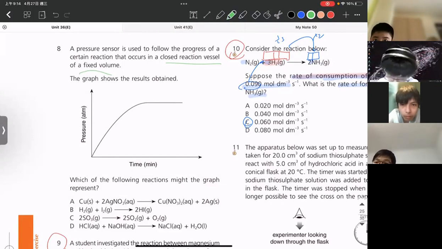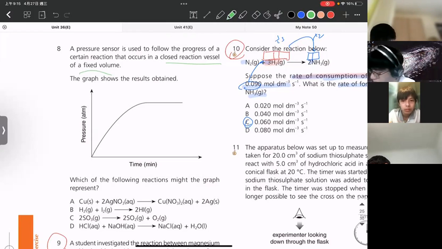Now, whenever you talk about pressure change, it should involve a chemical of a certain physical state. So what is the physical state? You need to check. Solid, liquid, aqueous, or gas.